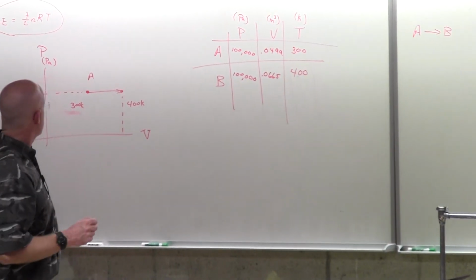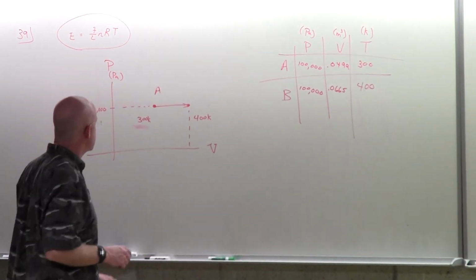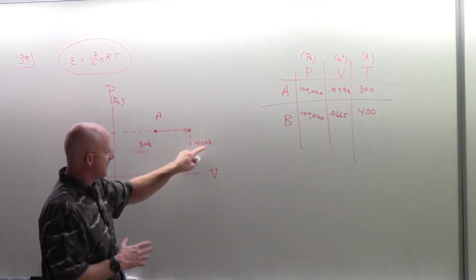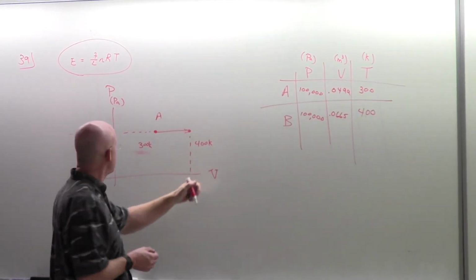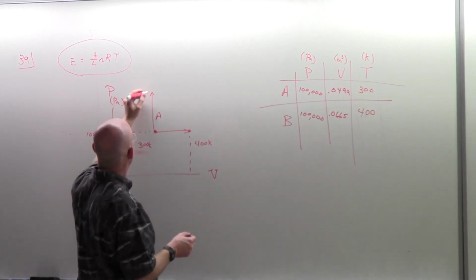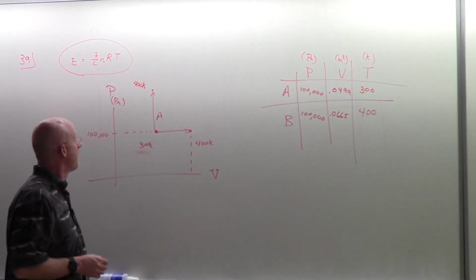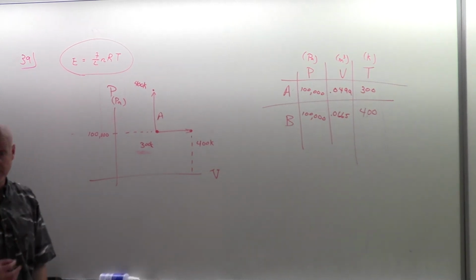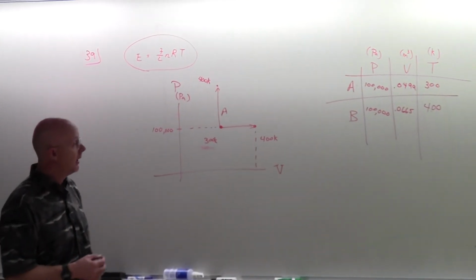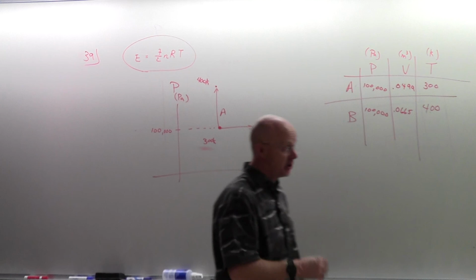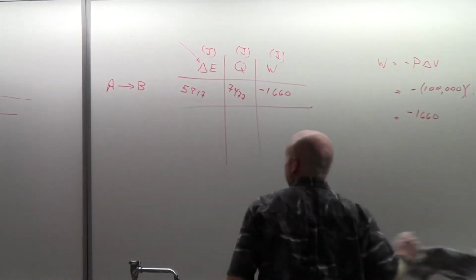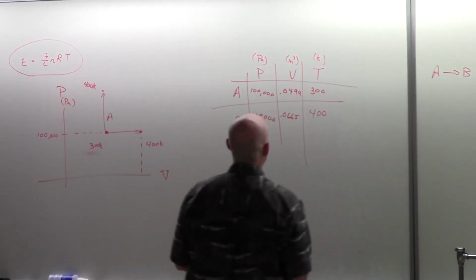Real quickly then, it says, well, what if instead of warming it to 400 at constant pressure, you warmed it to 400 at constant volume? All right, so what would change here? Maybe I should start.